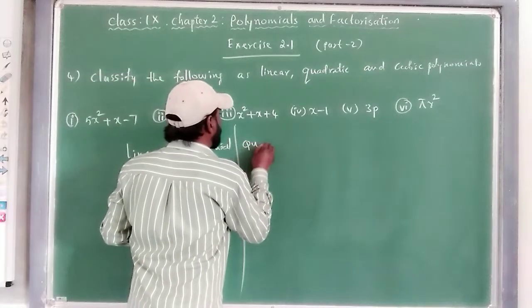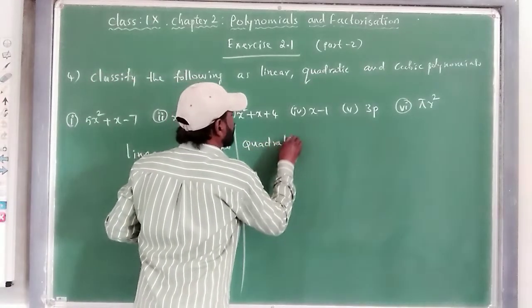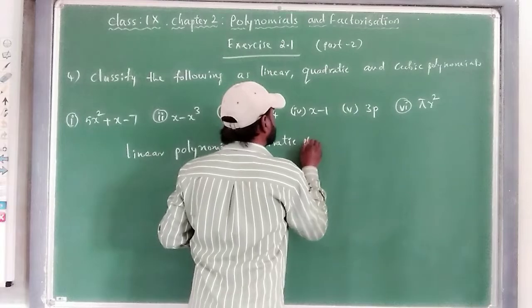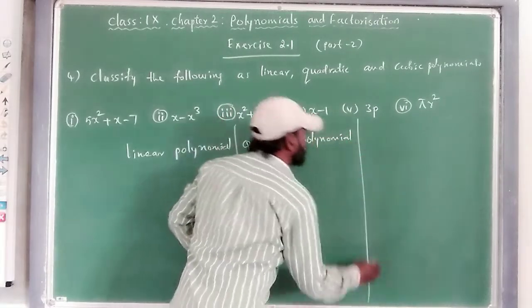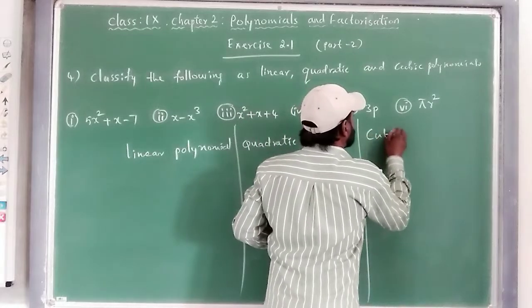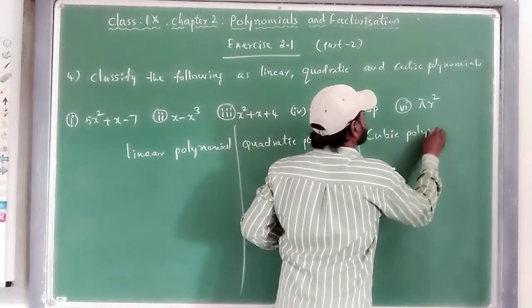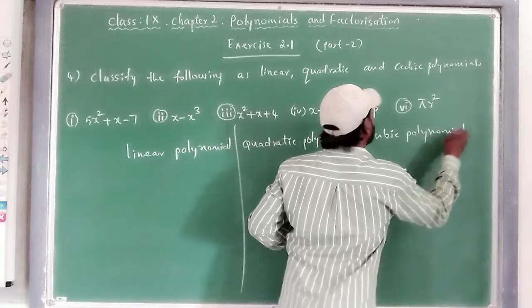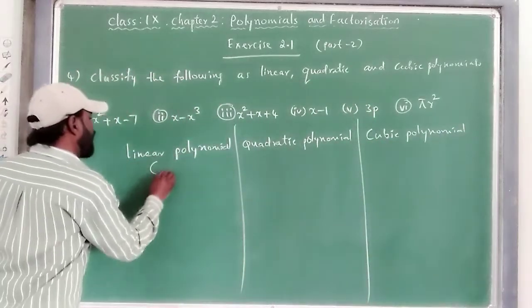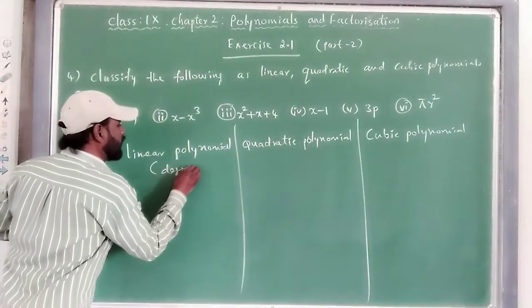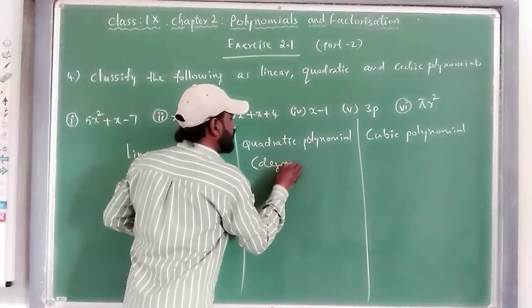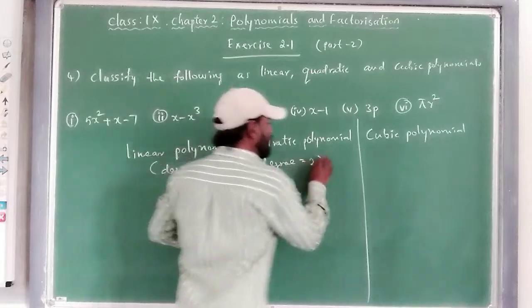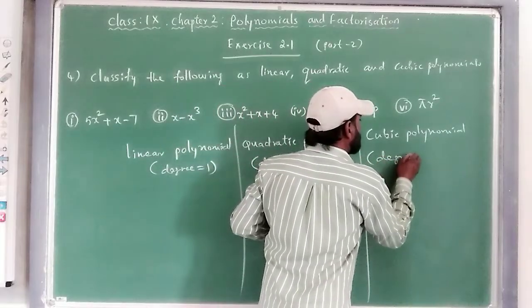What are quadratic polynomials? Cubic polynomial. So to say linear polynomial, the degree should be 1. To say quadratic, the degree should be 2. To say cubic, the degree should be 3.